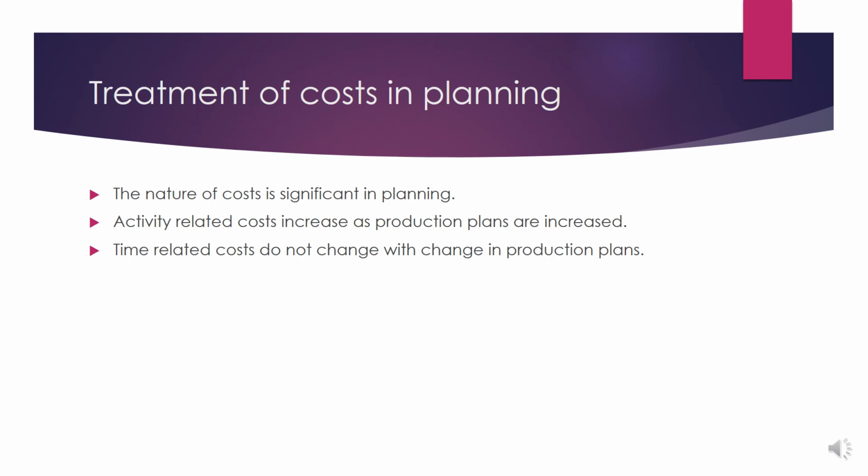These costs and their nature are very much relevant in planning because the fixed costs or time-related costs do not change very frequently. So you have to separate these costs, while the activity-related costs increase or decrease with the level of activity. So the treatment of these two types of costs is different in planning activity.